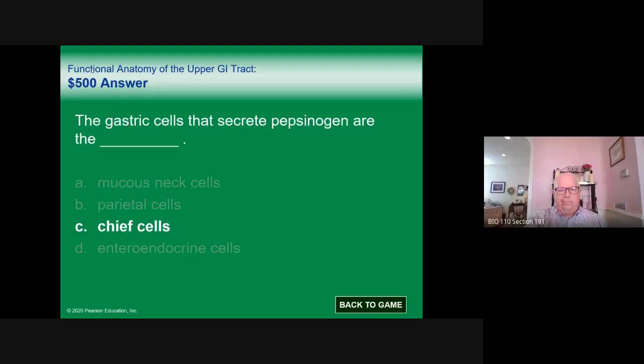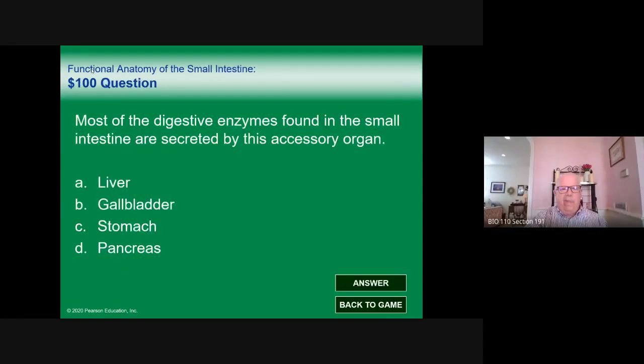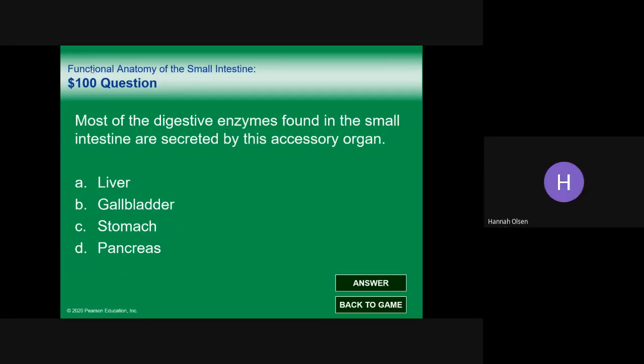Hannah. Hello. Hey. Most of the digestive enzymes found in the small intestine are secreted by this accessory organ. Is it the pancreas?